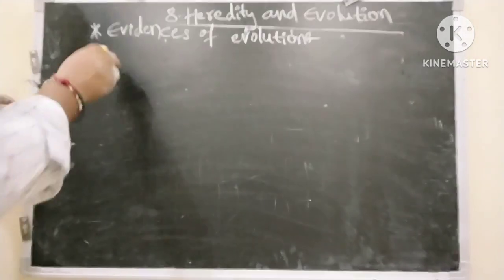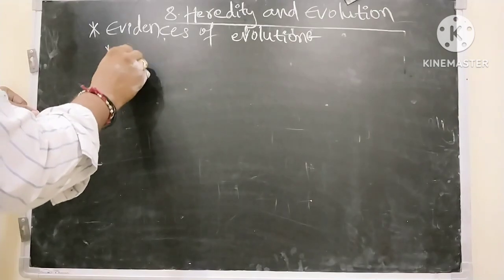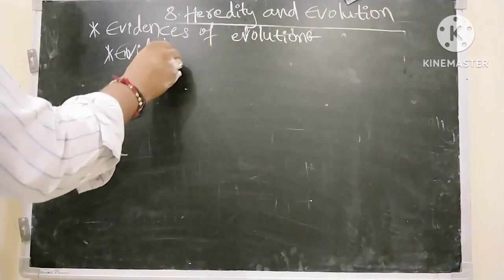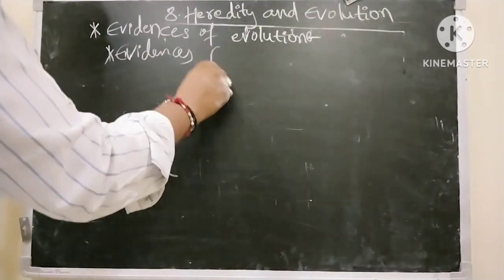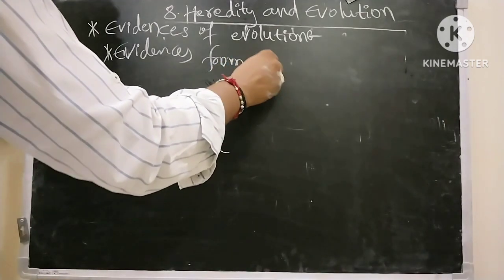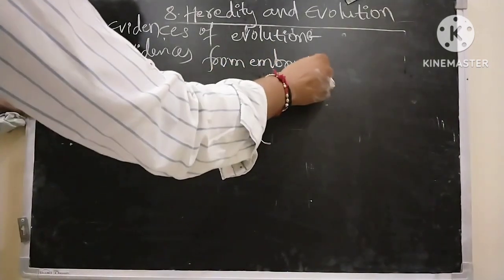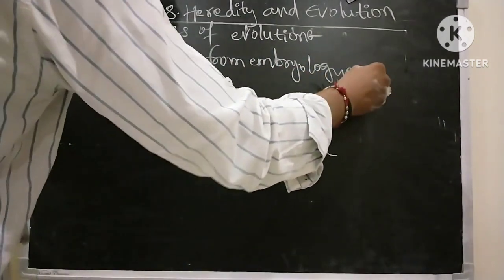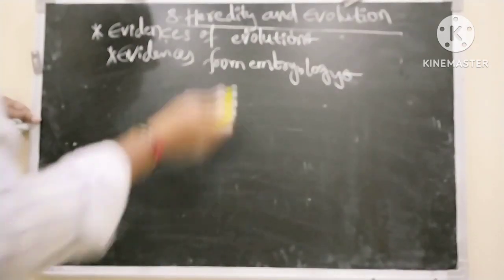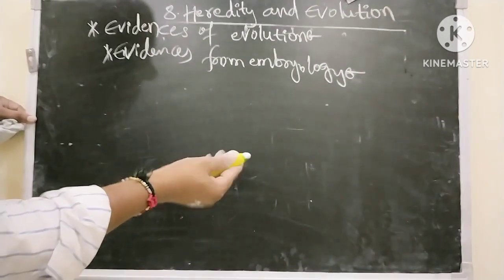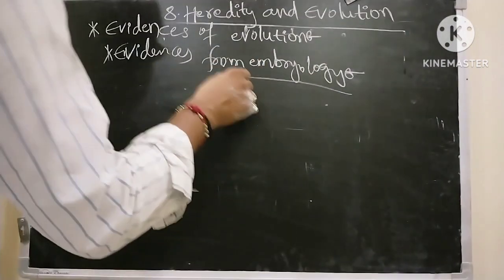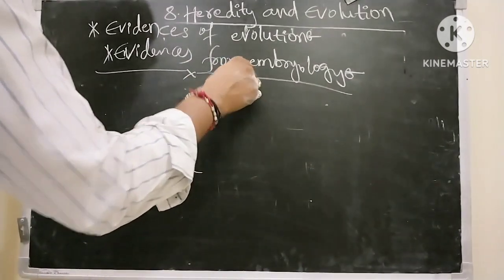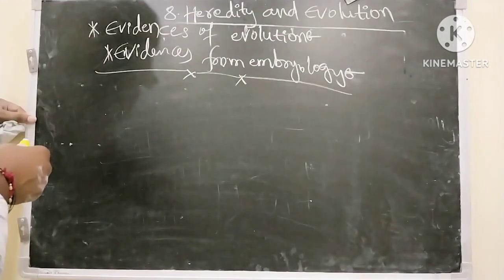Next, evidences from embryology. What is embryology? The study of observation of embryos and the different stages of development of embryos is called embryology. The person who studies embryos is called an embryologist.